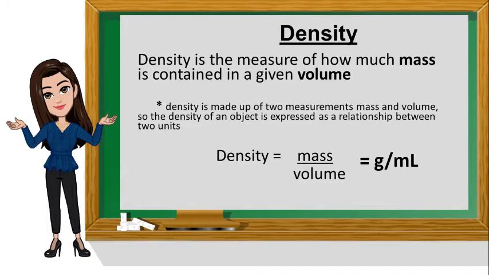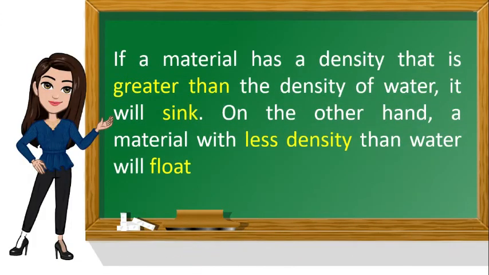Density is equal to mass over volume or gram per ml. If a material has a density that is greater than the density of water, it will sink. On the other hand, a material with less density than water will float.